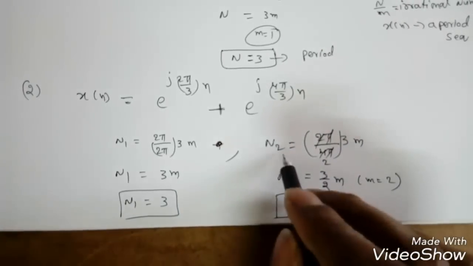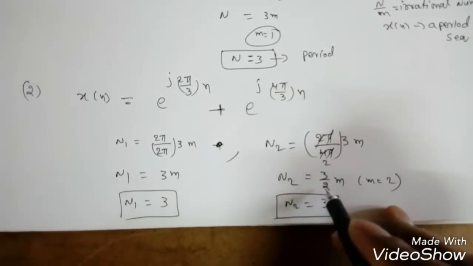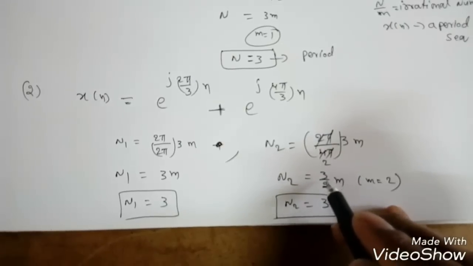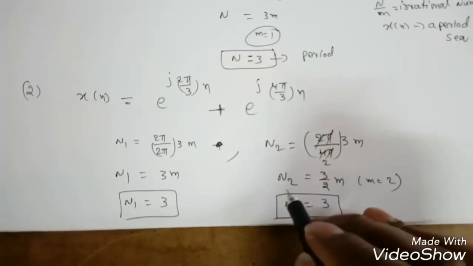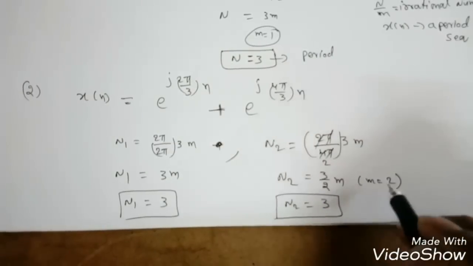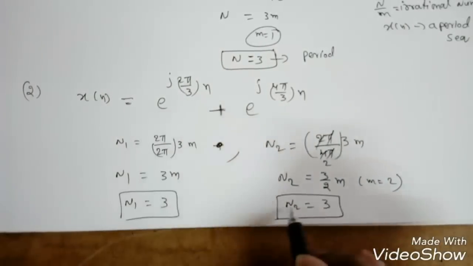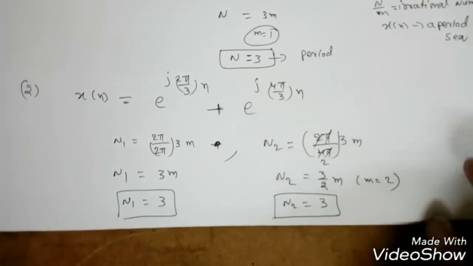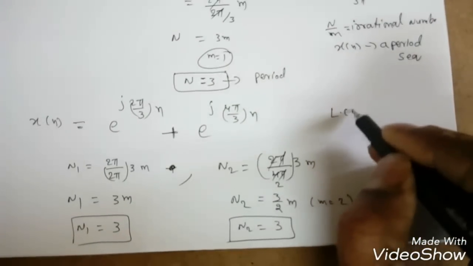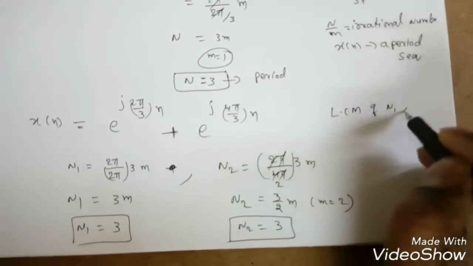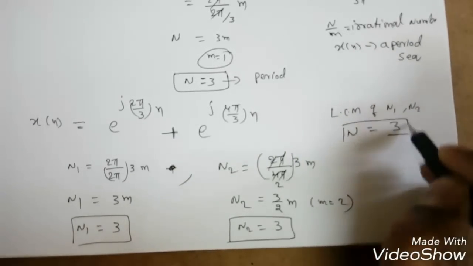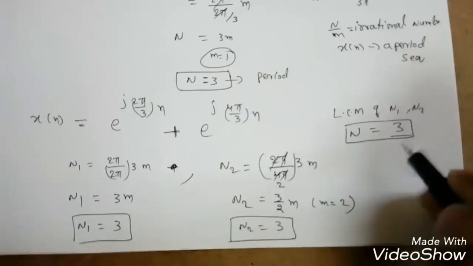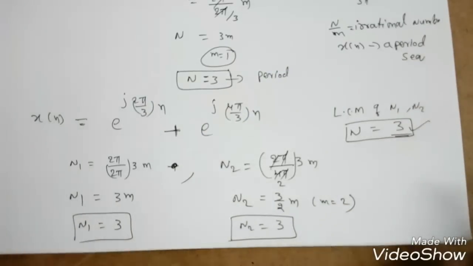See, N2 by m is 3 by 2, which is 1.5, so it is a rational number, so it is a periodic signal. The smallest integer to make N2 an integer is m equal to 2. Now you see N1 and N2 are both the same, right? So the LCM of N1 comma N2 is nothing but 3, so the period of the summation of these two signals is 3 only, right?